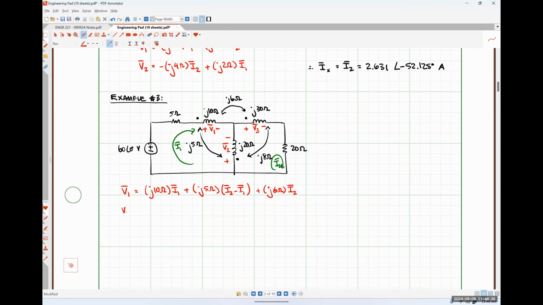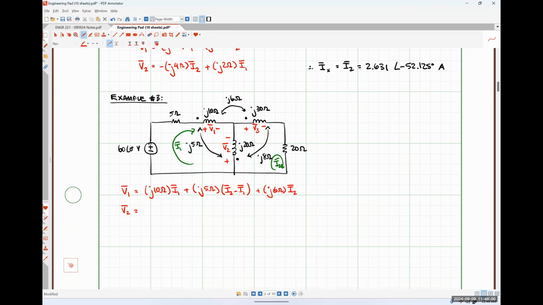So let's look at V2. What should our self-induced term for V2 be? I2 minus I1 times J20, if we want a positive sign.